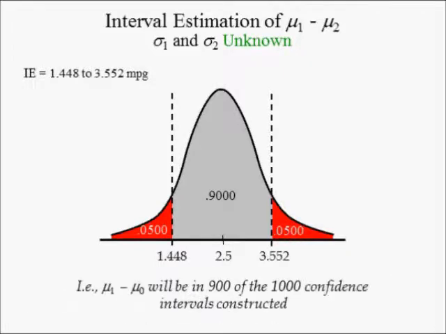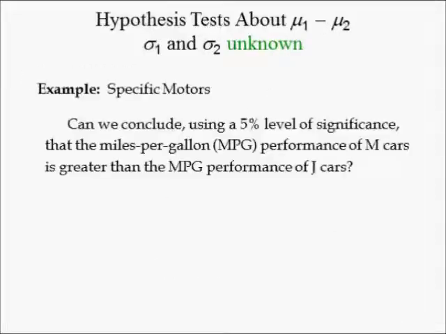That is, mu1 minus mu2 will be in 90% of all confidence intervals constructed. Since the confidence interval does not contain 0, M cars probably have better fuel economy than J cars.